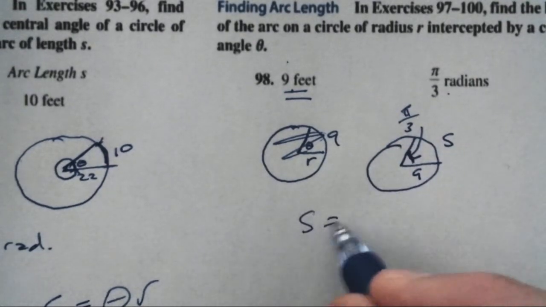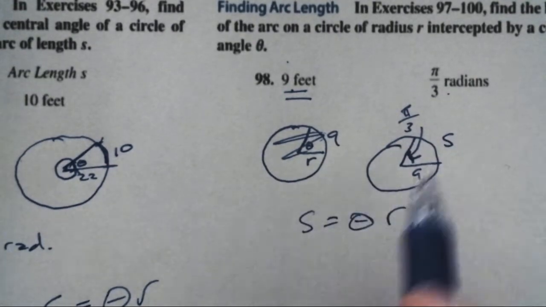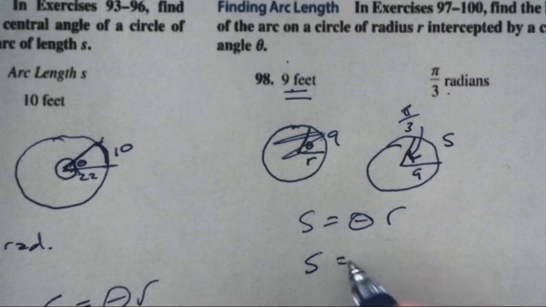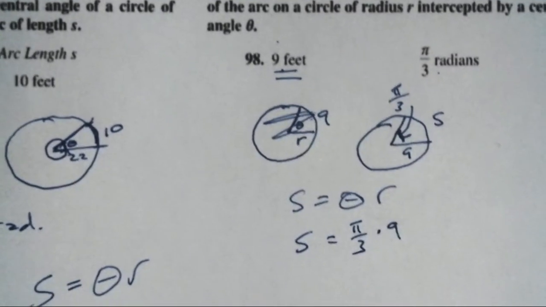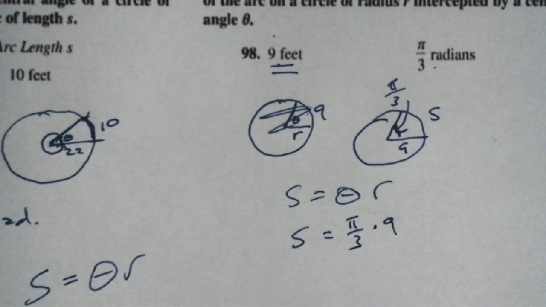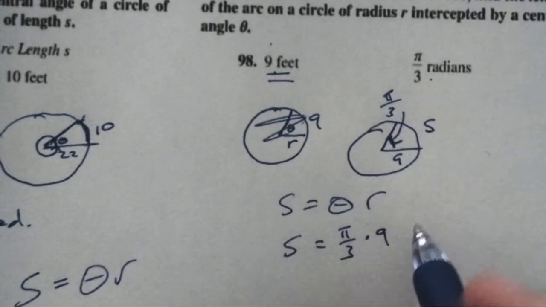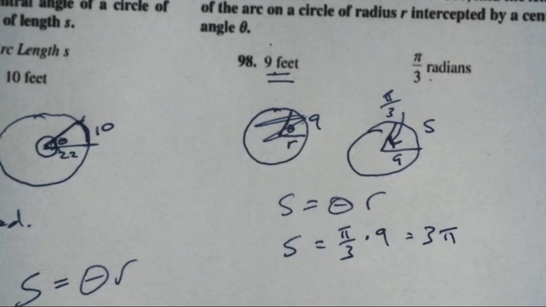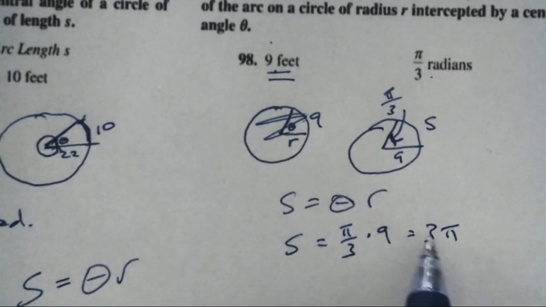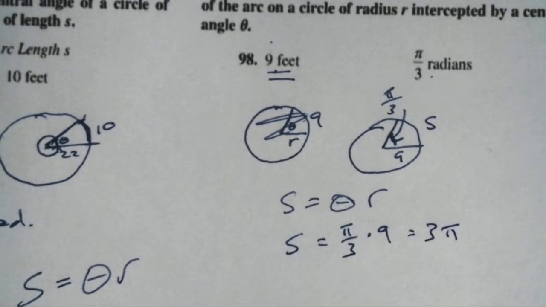So S equals theta r. S we don't know, theta we do know, pi on 3, r we do know, 9. So I could jump to my calculator, or we could just say it is 3 pi. Because 9 and 3 reduce, and it doesn't ask us to round, I think I'll just leave it as 3 pi.